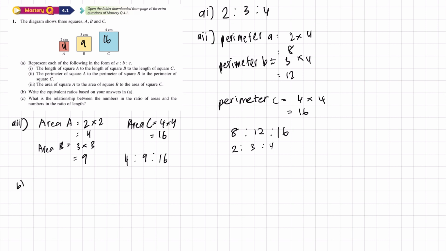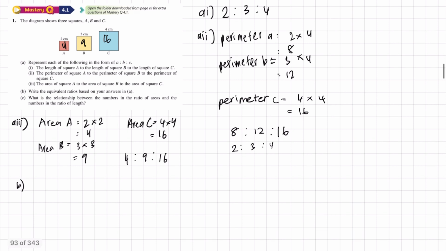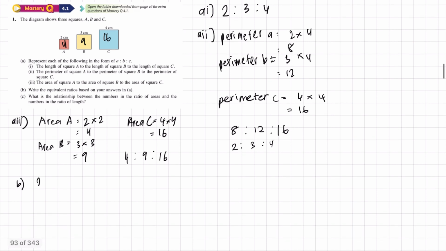Okay, so B, equivalent ratio based on your answer in A. The equivalent ratio is 2, 3, and 4. And the relationship between the numbers in the ratio of area and the ratio of length is the square of the number.